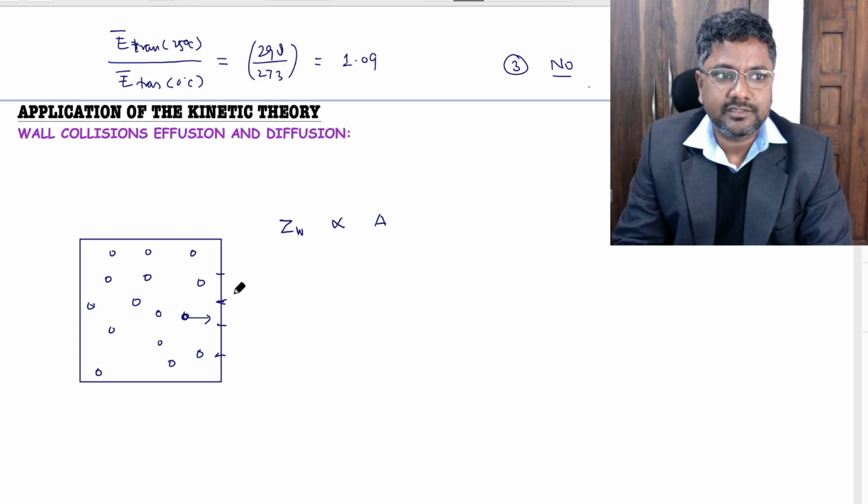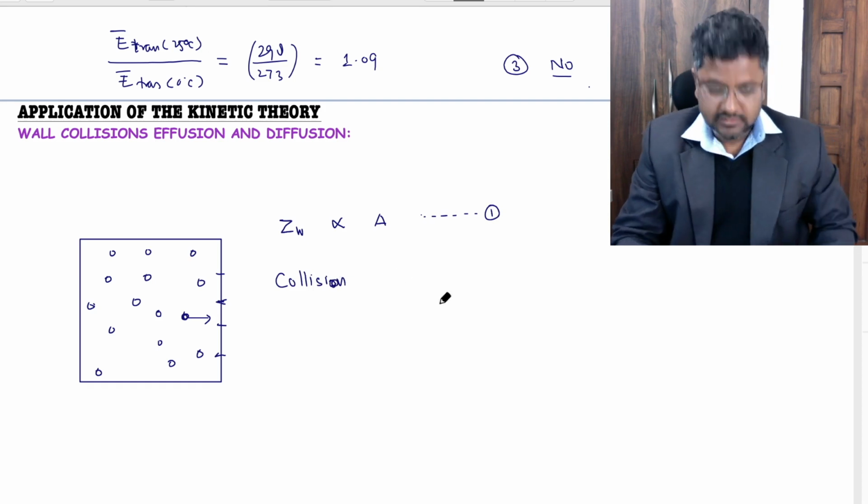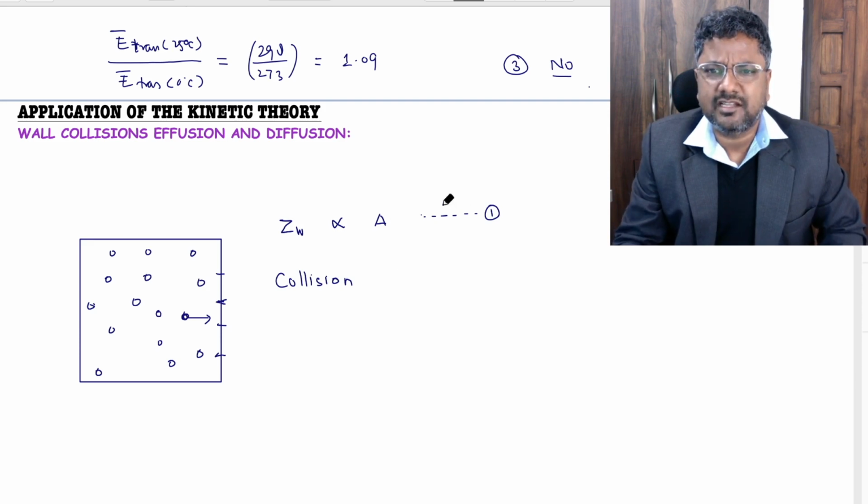So the first point is this, that collision of gas molecules is directly proportional to area.